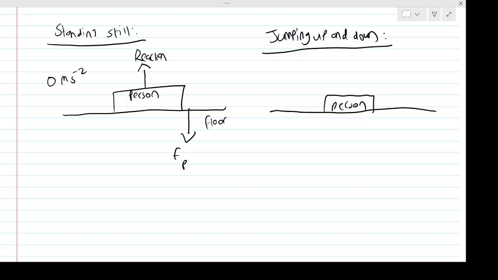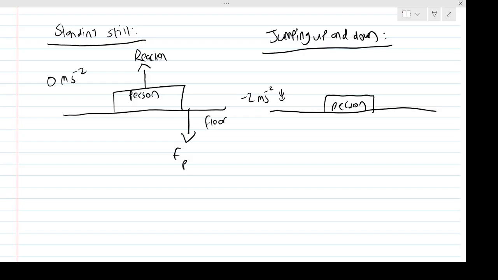Now, if they're jumping up and down, I'm going to assume the instant the person jumps back and touches back on the ground, when they come back on the ground, they're going to slow right down, right? Their speed is going to come right down. So let's say the acceleration is, let's say, -2. Okay, the minus meaning it's slowing down. That's what negative acceleration means.